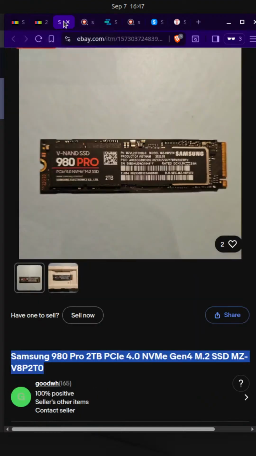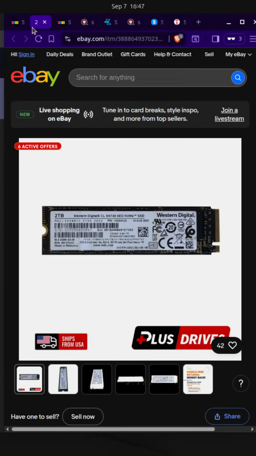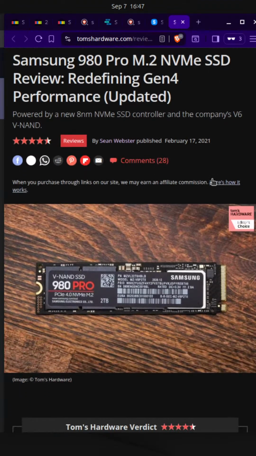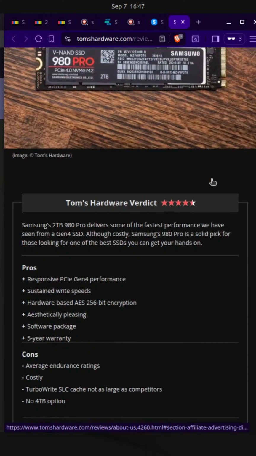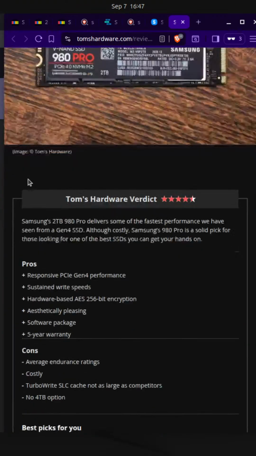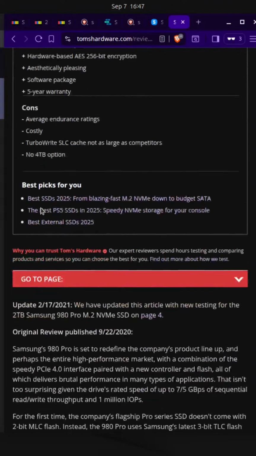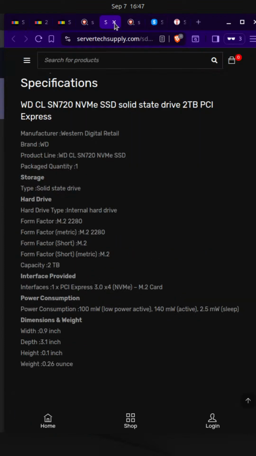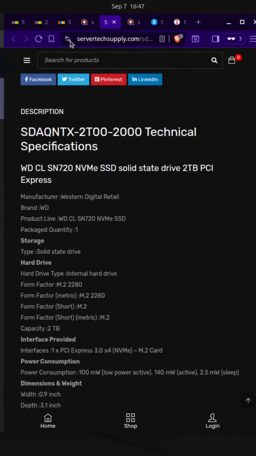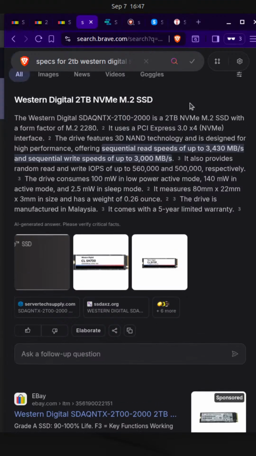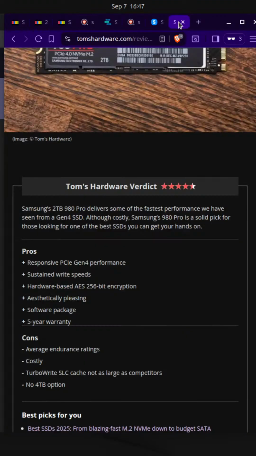It looks the same to me. This one's read-write speeds were slower, like half the speed. I wonder what the trade-offs are, or is it just that one's better?